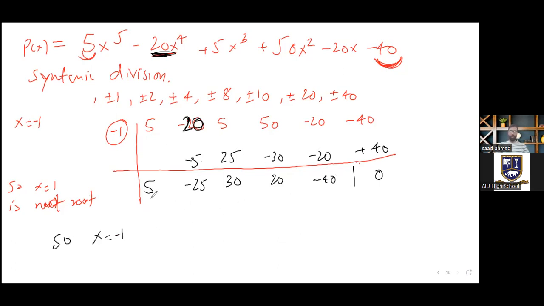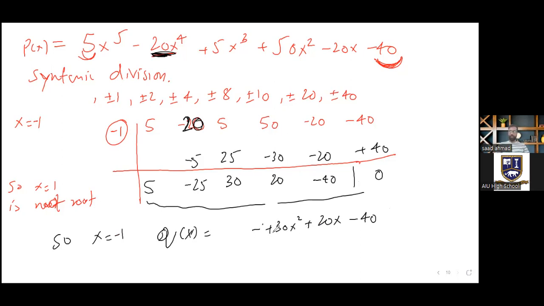Now you look at this again. You can rewrite it back. Our next polynomial, let's call it q of x, the intermediate polynomial that we have got, you write like this: 20x first without any x power, then x to the power 1, then x squared, then x cubed, and then x to the power 4.